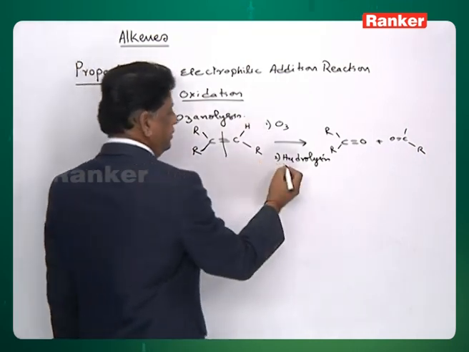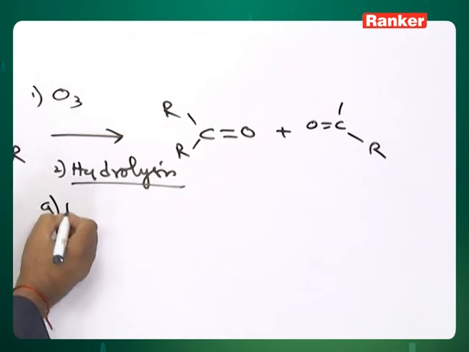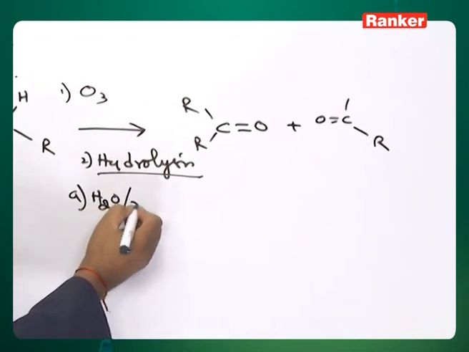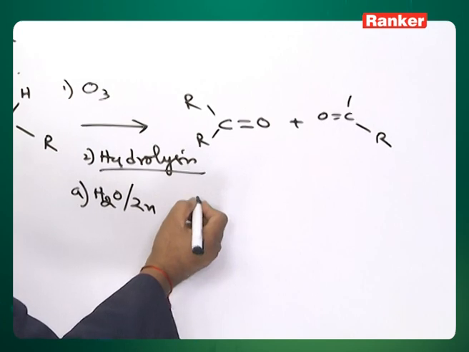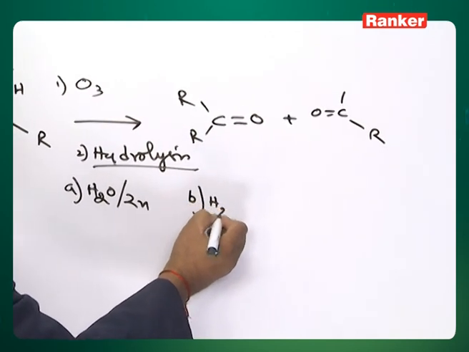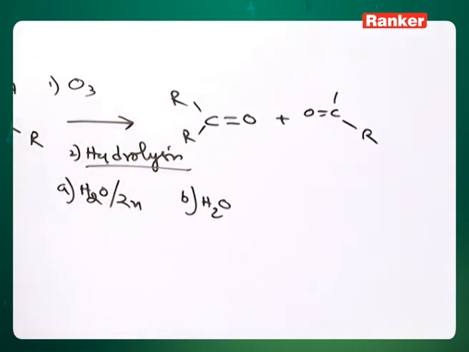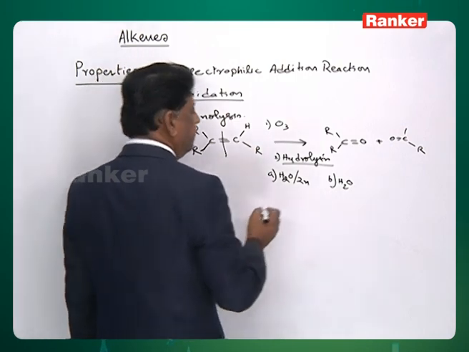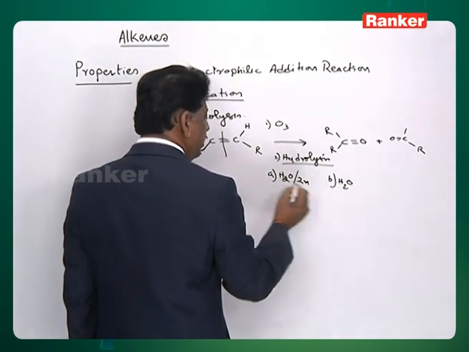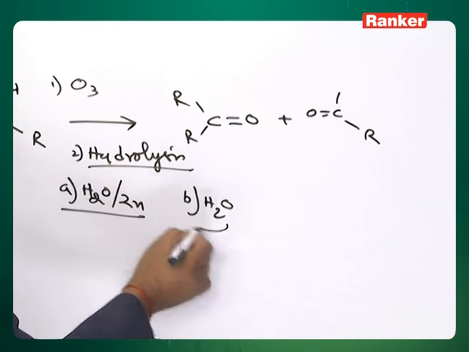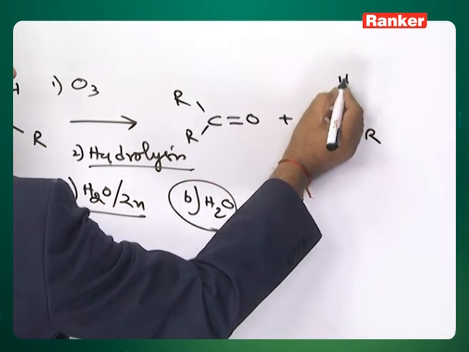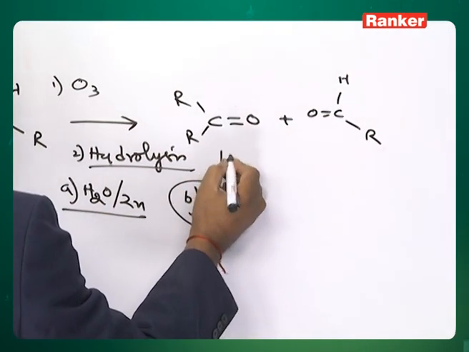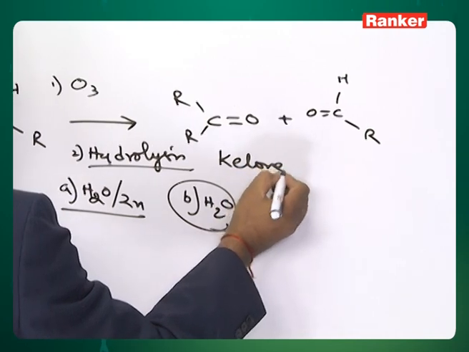Hydrolysis is of 2 types now. A is adding water and zinc, B is only water. If I add zinc and water, let us say in the hydrolysis I am using this one, not this one, then I get aldehyde and ketone.